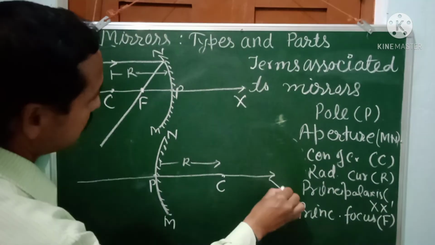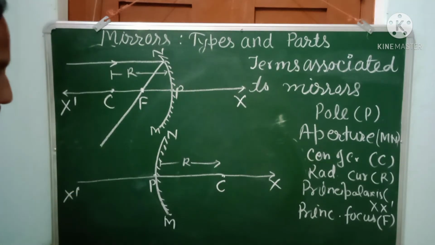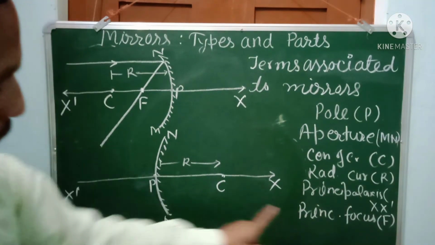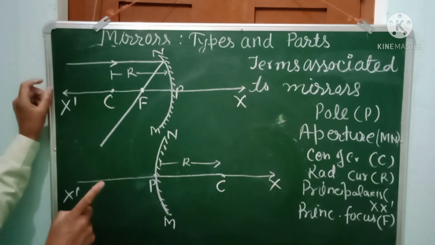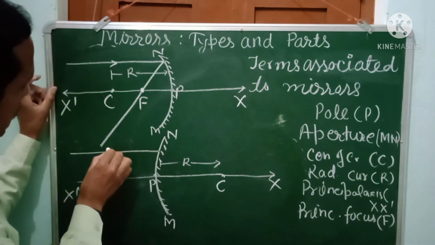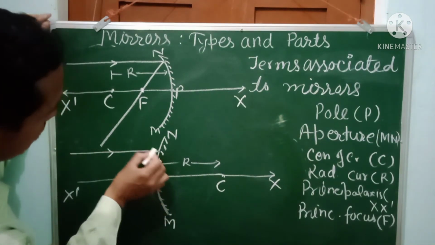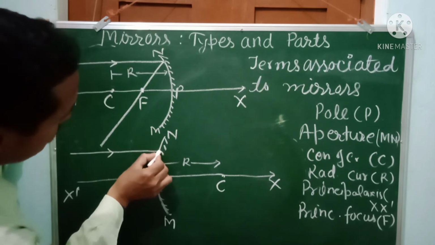In this mirror, principal axis, and next part, principal focus. A ray parallel to the principal axis, after reflection, is reflected in this direction.